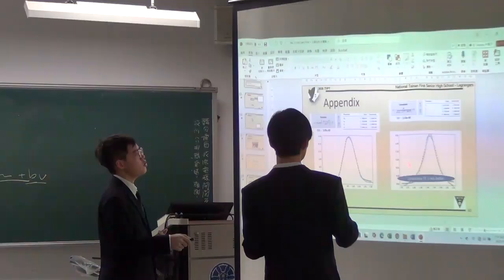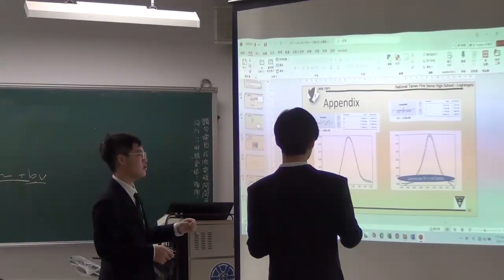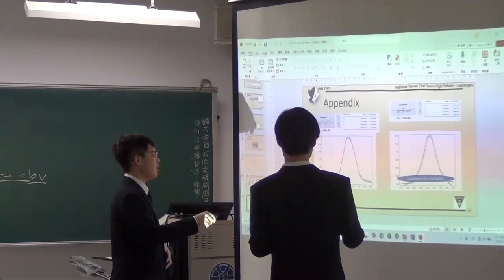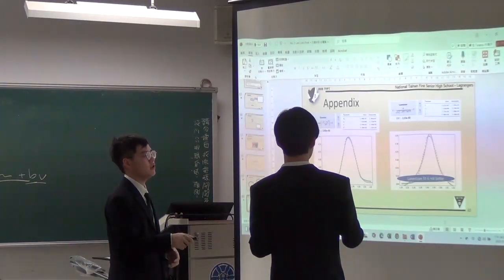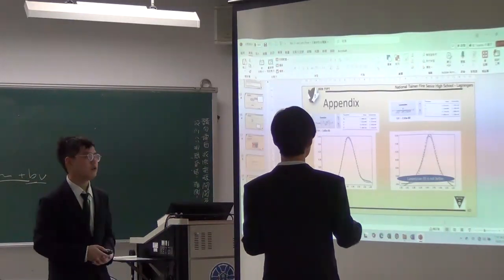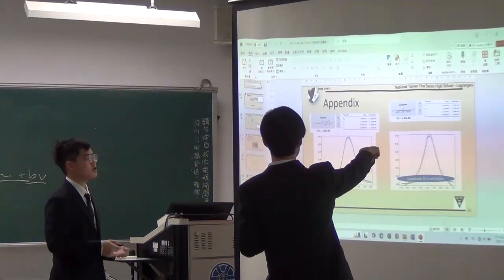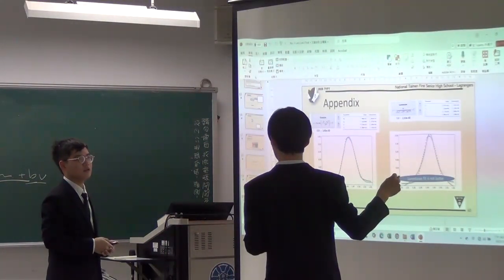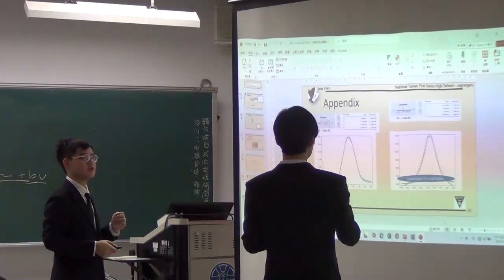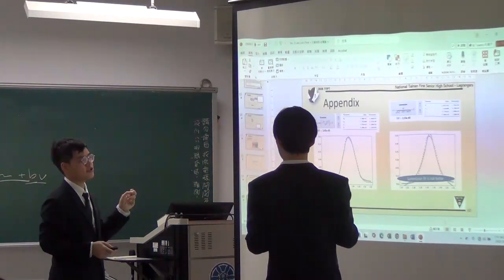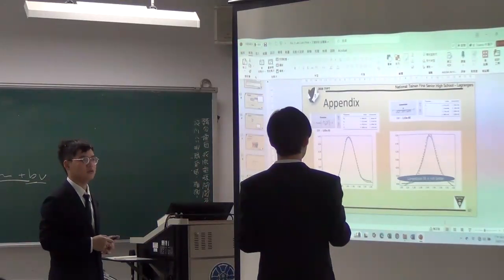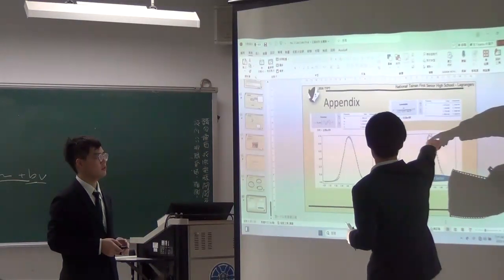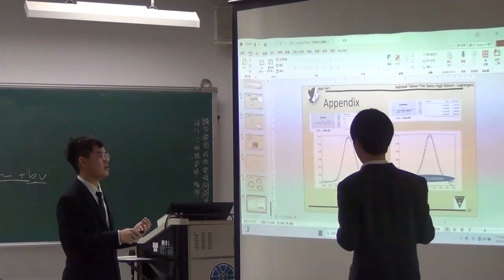I actually fit many things, including other types like the Lorentzian, but the Gauss fits them best. I fit because I want to quantify where the resonance happens. The resonance frequency, which we have confirmed, is 2 times that frequency. Why don't you just plug it in? Well, because this is a numerical solution.